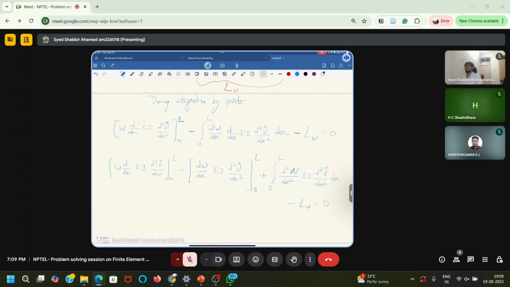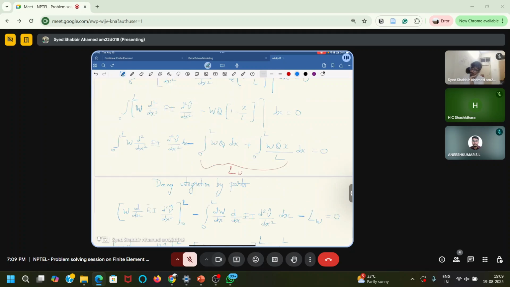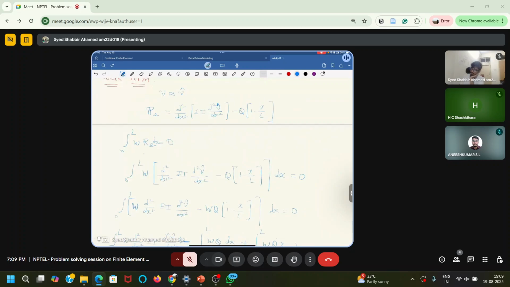So now I have this entire equation, which equals 0. Now you can see here, after taking this, this is the strong form. This is the strong form.